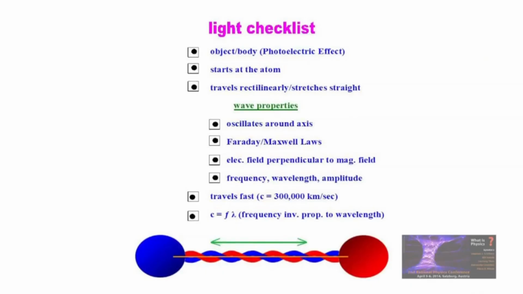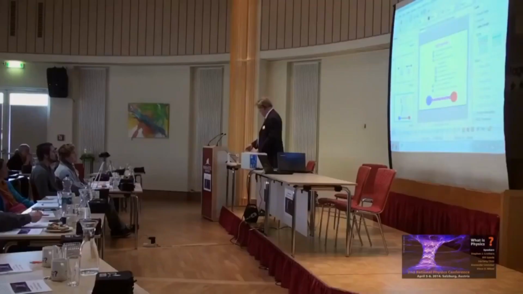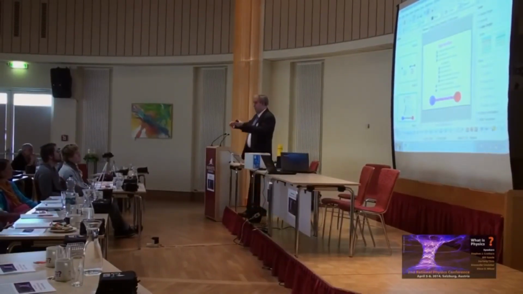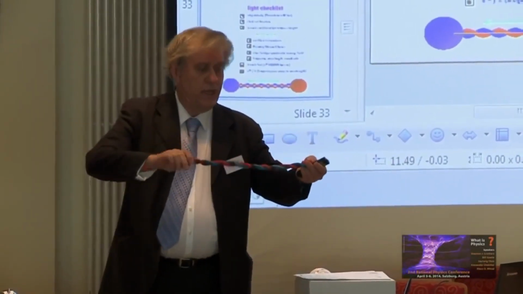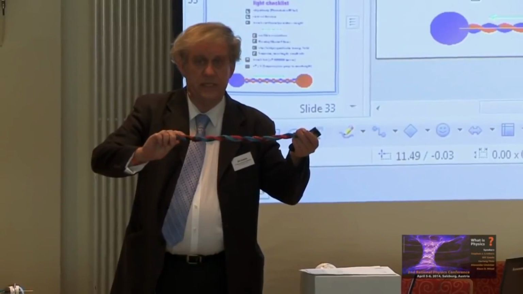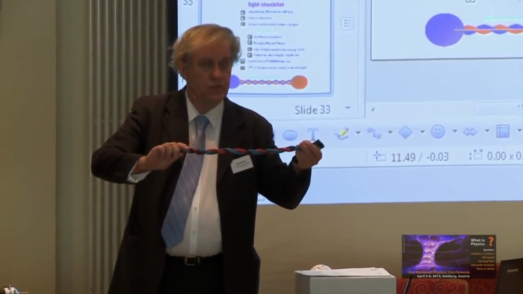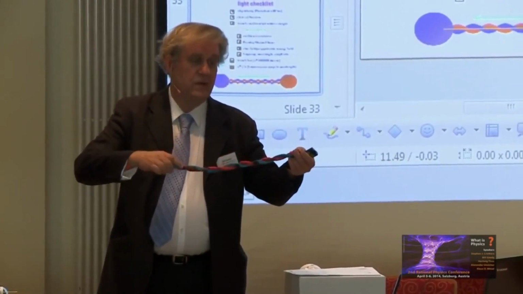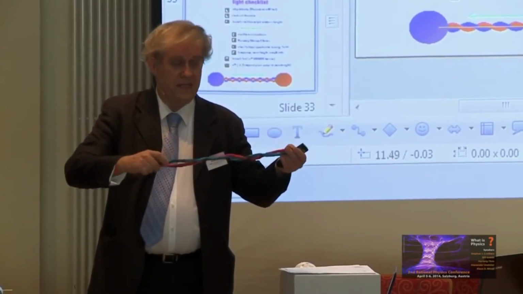We also have C is equal to frequency times wavelength. Well, you can see that if you have a rope and you torque it more, for the same amount of rope I get more links, and each link is smaller. The wavelength is shorter at the expense of frequency. And now I unwind it. Now the links are longer, right?